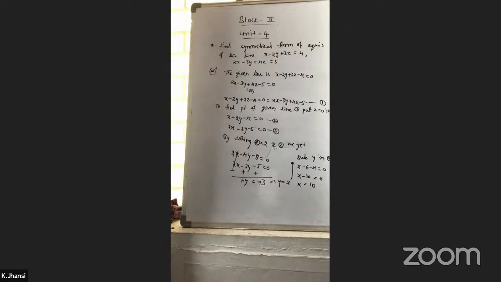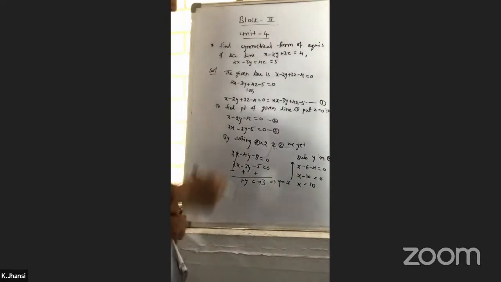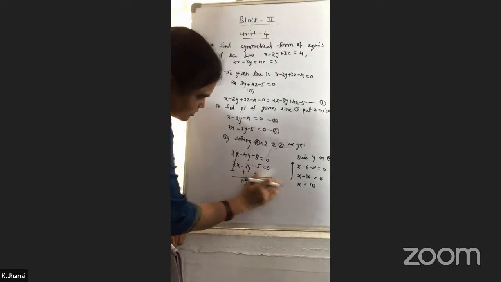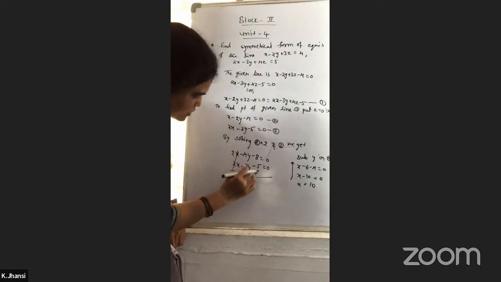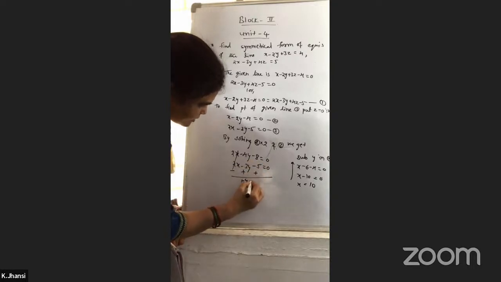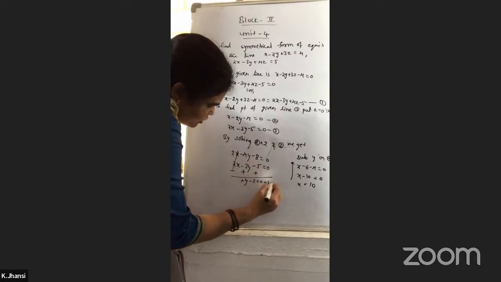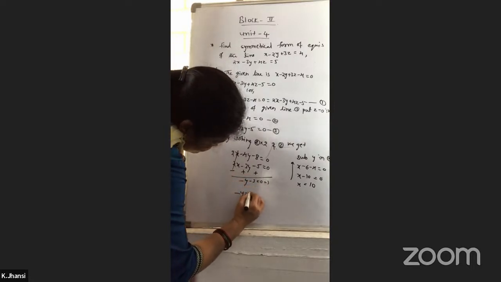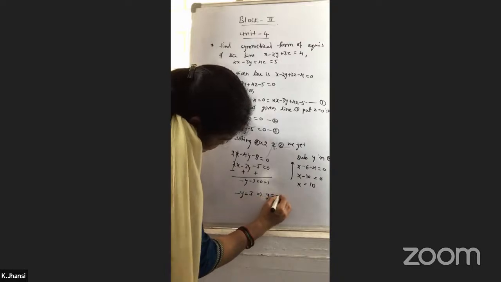Okay, this is minus 3 you will get, no? I have made a mistake here. This is minus y and this is minus 3 equals to 0. So minus y is equals to 3, implies y is equals to minus 3.